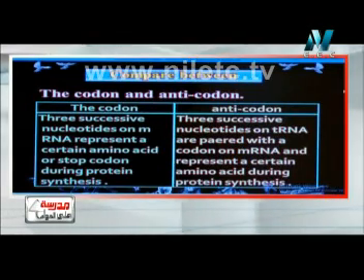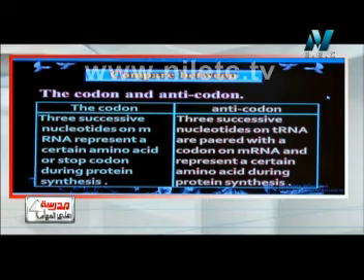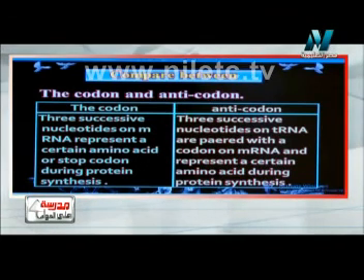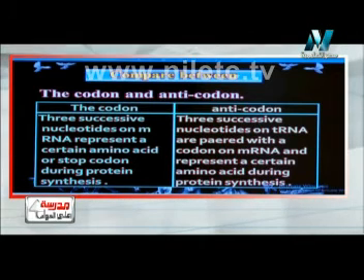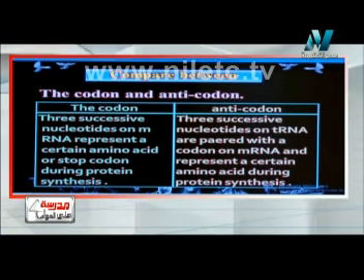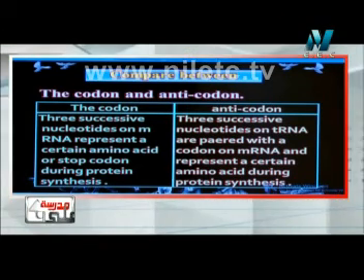The next question. Compare between the codon and the anticodon. The codon is 3 successive nucleotides on mRNA that represent a certain amino acid, or represent a stop codon during protein synthesis.